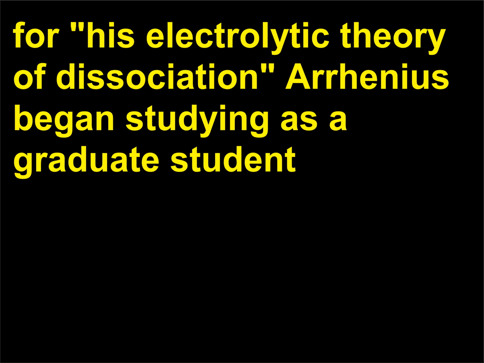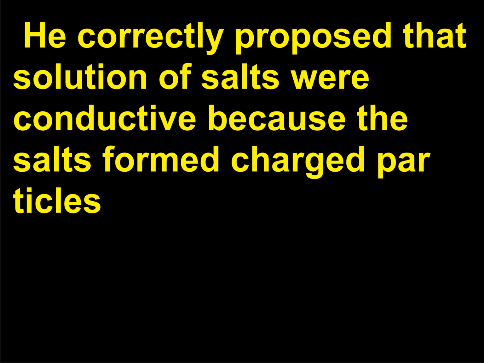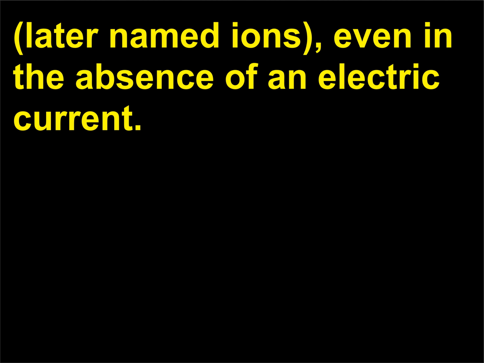Arrhenius began studying as a graduate student at the University of Uppsala how much electricity solutions of various molecules could conduct. He correctly proposed that solutions of salts were conductive because the salts formed charged particles, later named ions, even in the absence of an electric current.